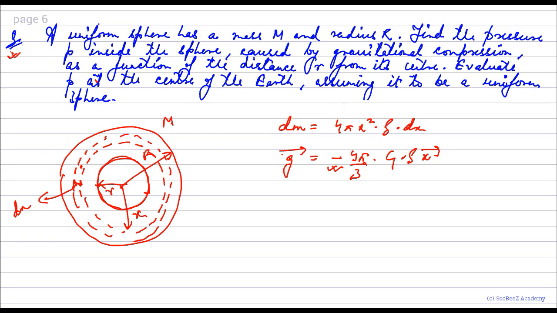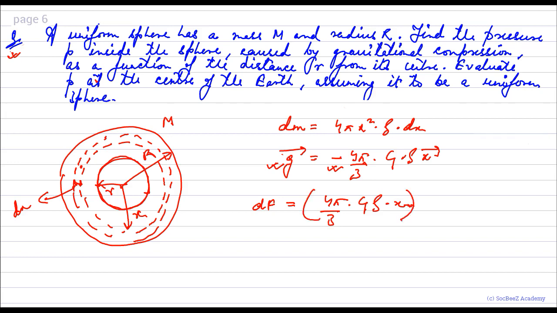So this is the gravitational field. The whole shell is going to experience a force because of this gravitational field. That force, let's say, is df. It is going to be directed inwards, so its magnitude is 4 pi by 3 into G into rho into x into dm.